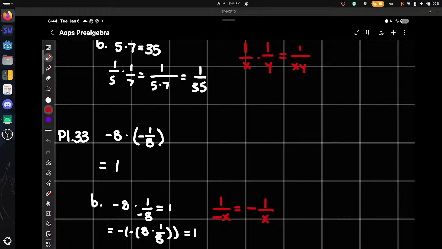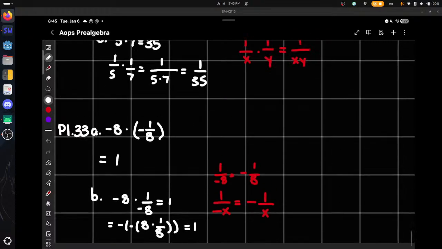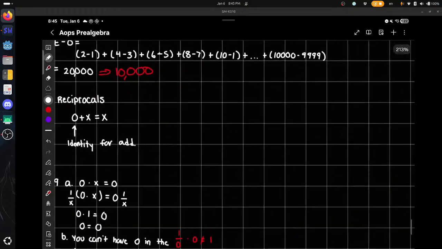Okay, yeah. They're just saying that the reciprocal of negation 8 just gives us this, and we still get 1. So we can assume that, or we just know that these are the same then, because we've already shown in problem A that we get 1. Okay. Now we can move on to the exercises.